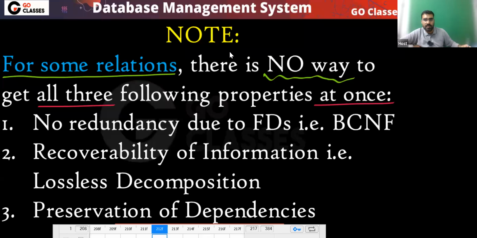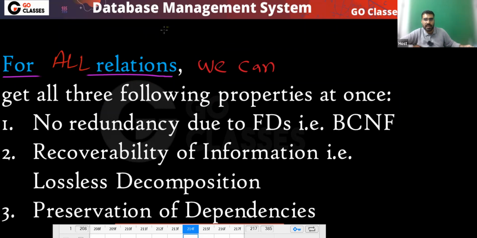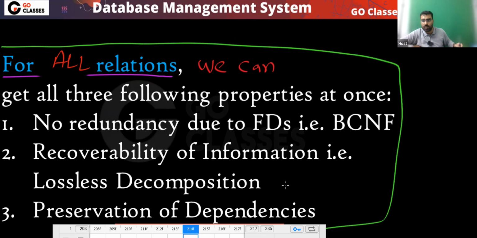Is this point clear? But if I say that for all relations we can get them, then that will be false. If I say that for all relations you can get all of them together, this statement will become false.